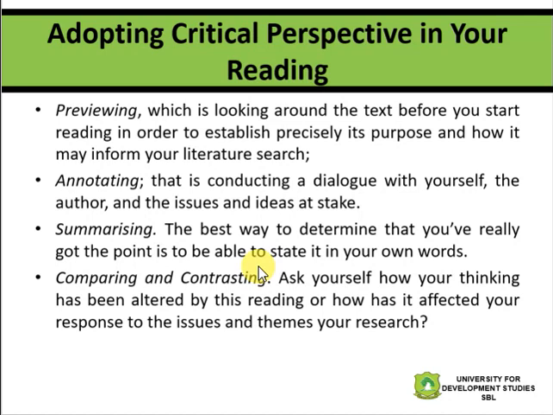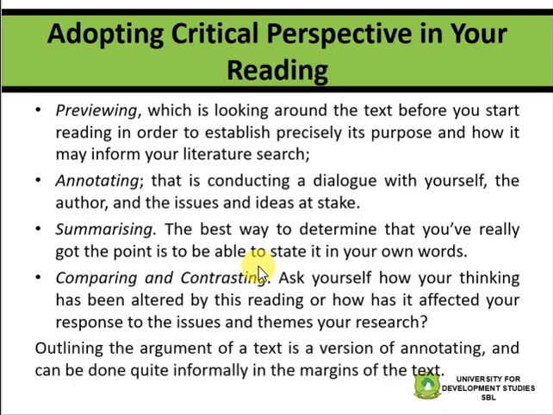Now, outlining the argument of the text in your own version. This can be done quite informally, maybe at the margins of the text you are reading. So at the left-hand side or the right-hand side of the paper, you may make comments. These days, because of the advancement in technology, it is easier for you to make the comments on the soft copy of your document, on your computer, on your phone, or on your tablet. You can do that.